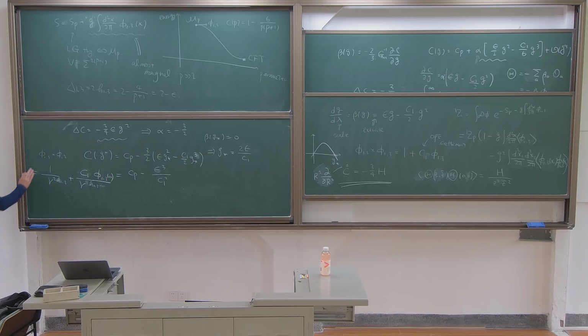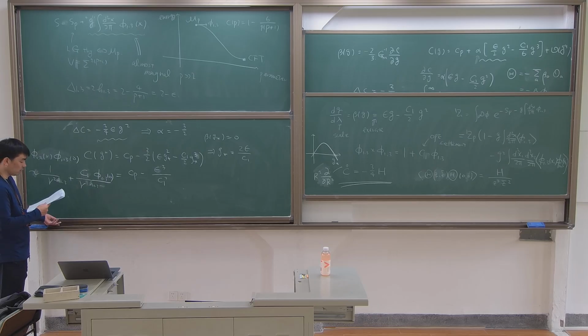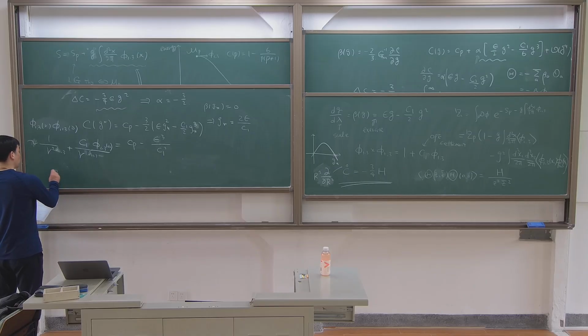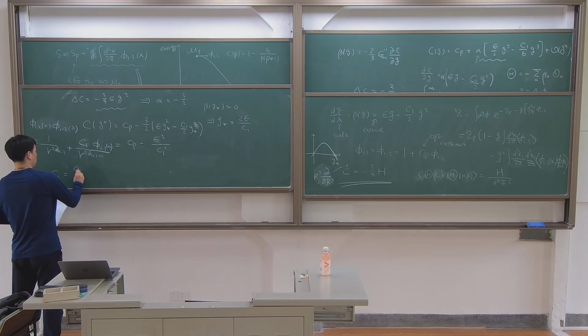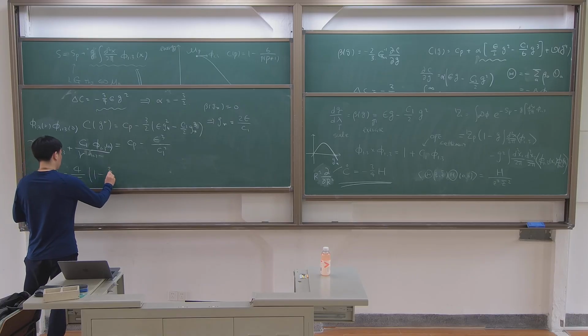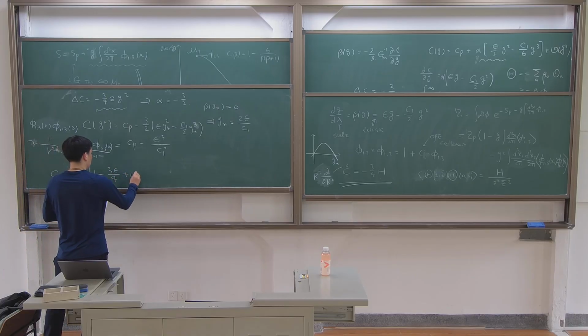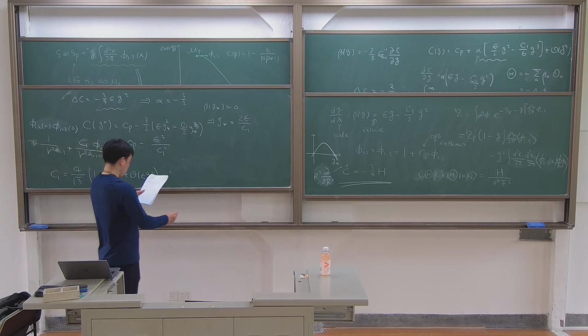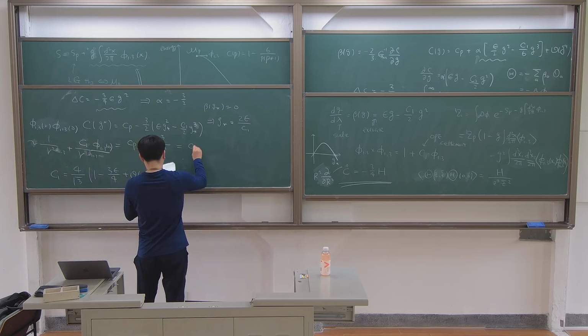This OPE coefficient C1 can be obtained from Dotsenko-Fateev in '84. I'm not going to give you a derivation. It's roughly square root of 3, times 1 minus 3 epsilon over 4 plus all the epsilon to the 4th. Just plug that into here, then this will give you C.